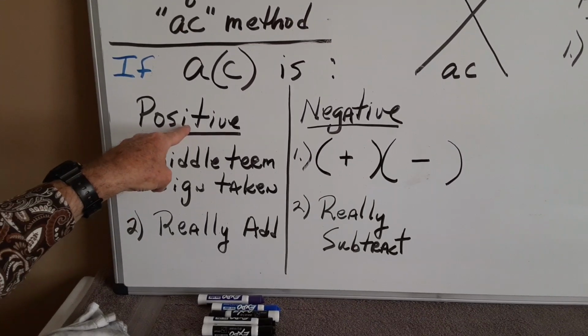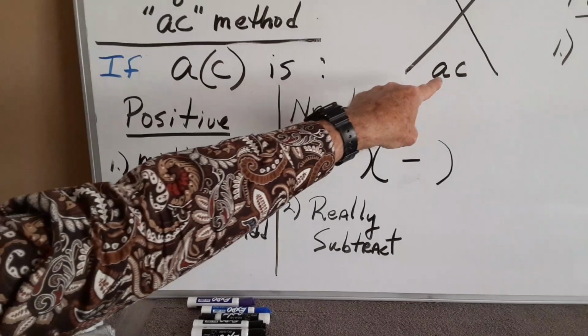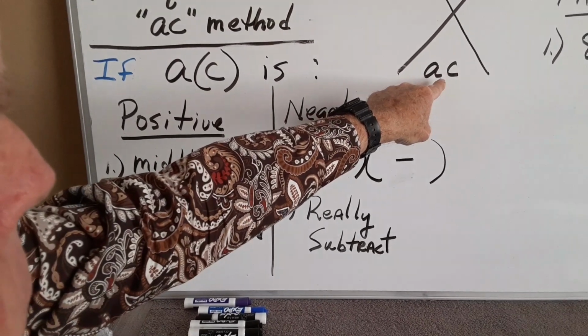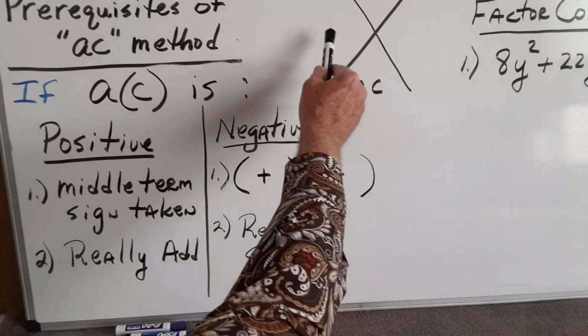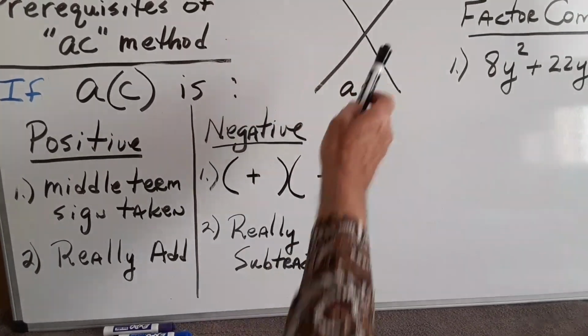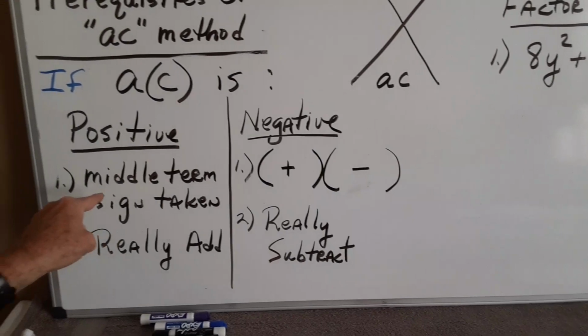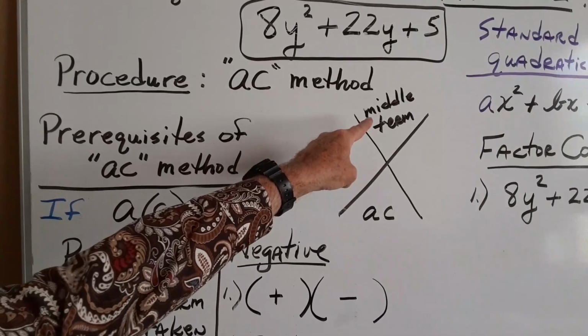If this number is positive down here in 6 o'clock, both 9 o'clock and 3 o'clock will take the sign of that middle term.